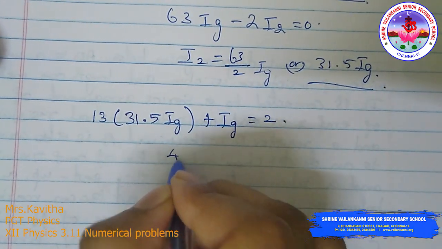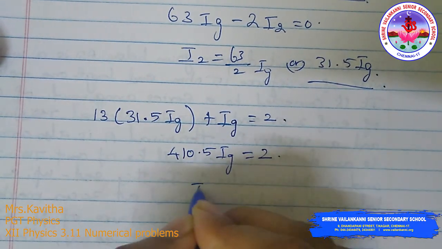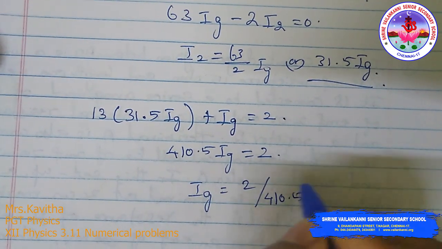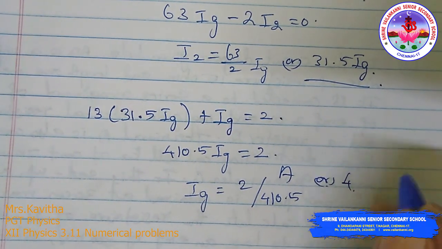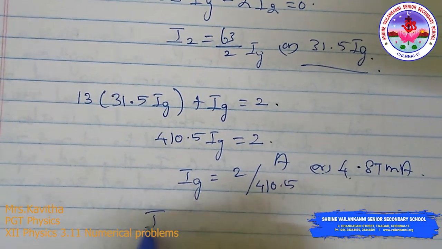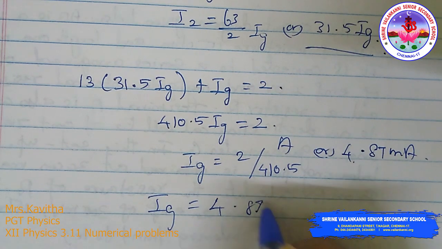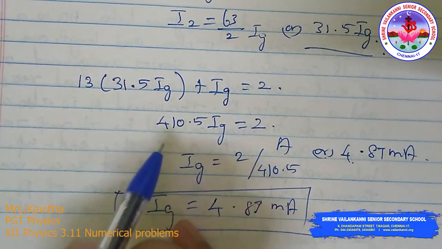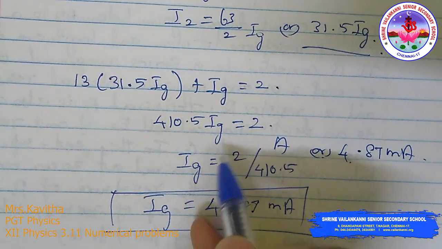Now 410.5 Ig equal to 2. Then Ig equals 2 by 410.5 ampere, or 4.87 milliampere. So the Ig current is 4.87 milliampere.